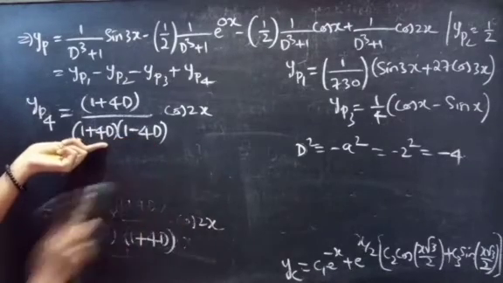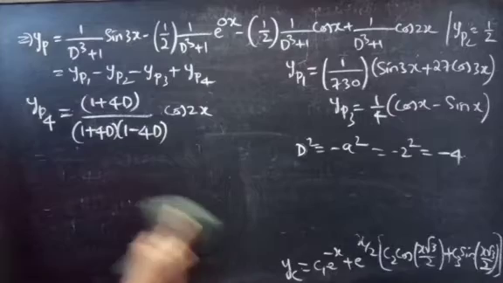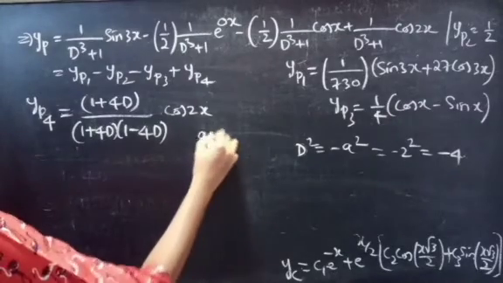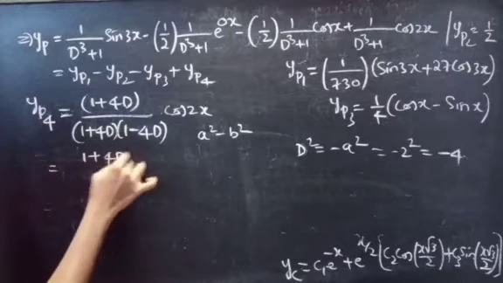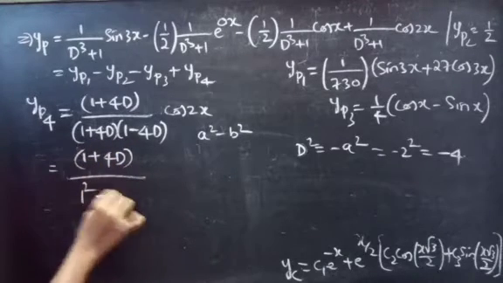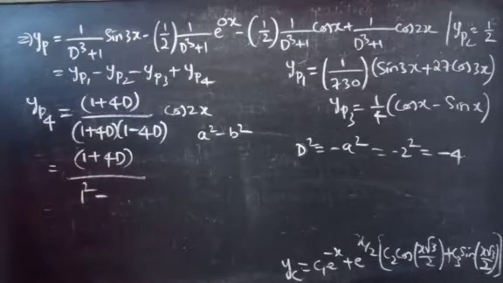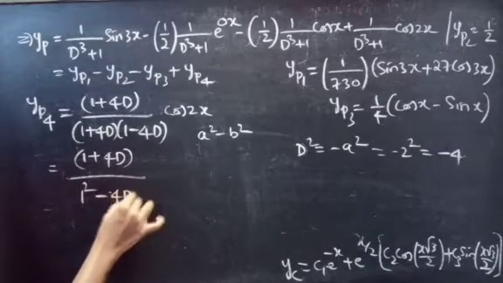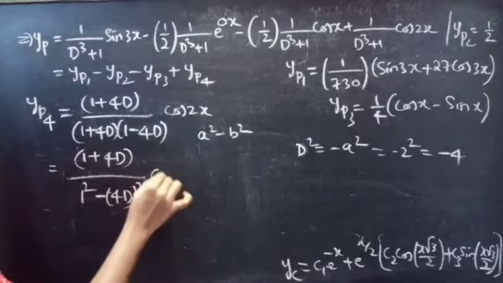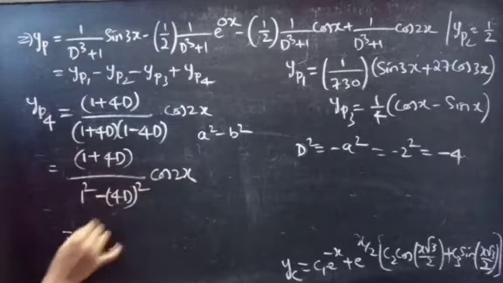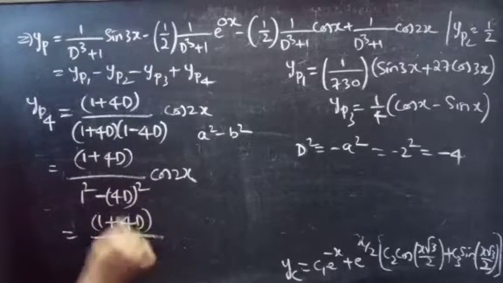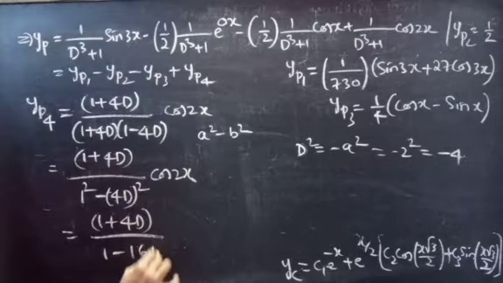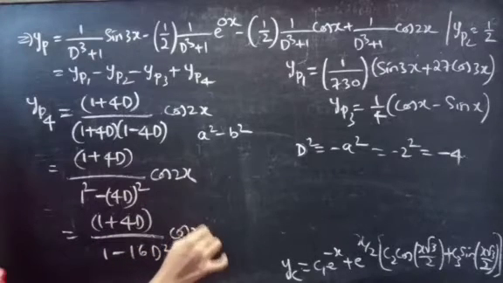This is of the form a plus b into a minus b, so you can write it in a square minus b square form, equals 1 plus 4d by 1 square minus 4d whole square into cos 2x, which equals 1 plus 4d by 1 minus 16 d square into cos 2x.